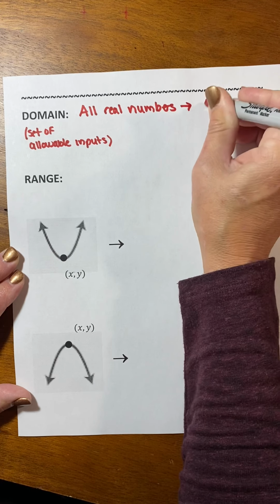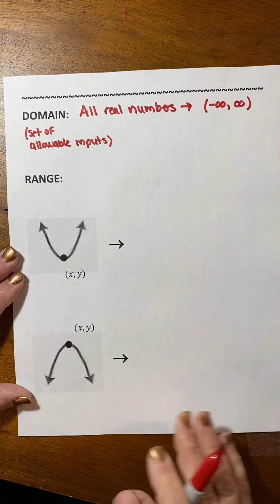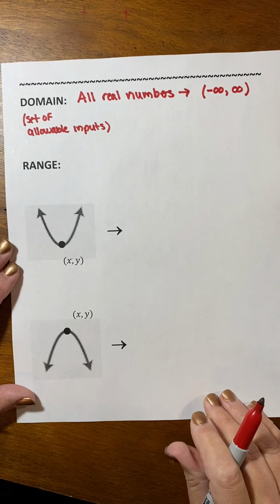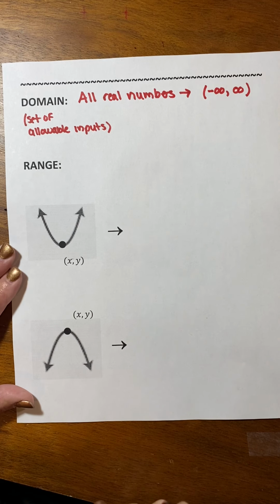Interval notation would be the whole number line, which is -infinity to +infinity. Now, sometimes when we do application problems, we restrict the domain. Maybe our application problem has to do with the height of a ball after a certain time, and we can't talk about the height of the ball before we throw it. So in that case, we'd have to restrict the domain. But don't worry about restricting the domain unless it clearly says so in the problem.